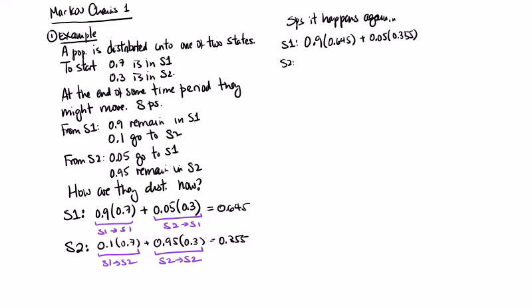In state 2, we now have 0.1 of the ones that were in state 1, which is 0.355, plus the 0.95 of the ones who remain in state 2, which is 0.355. Sorry, I miswrote that: this was the 0.645. If we calculate these, this is 0.5983 and 0.4017.